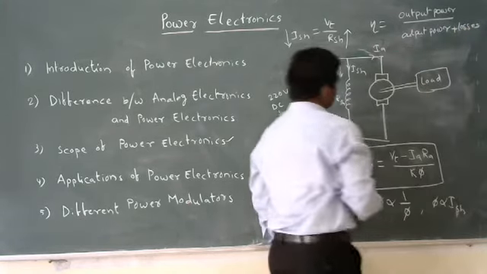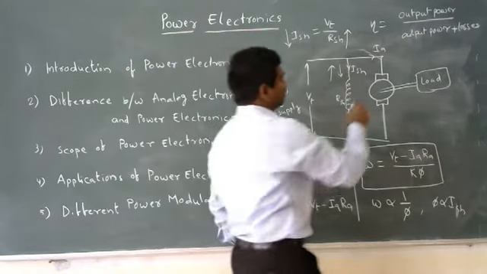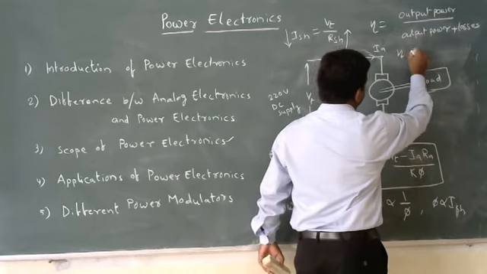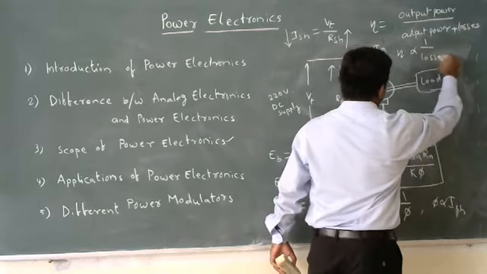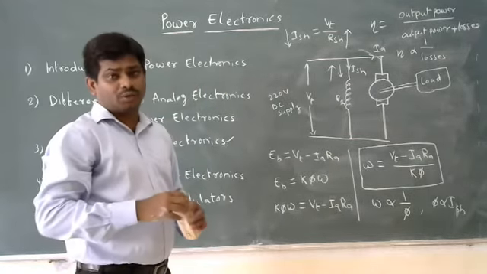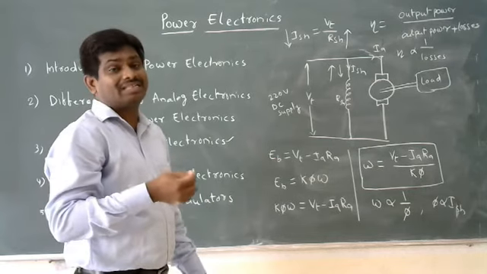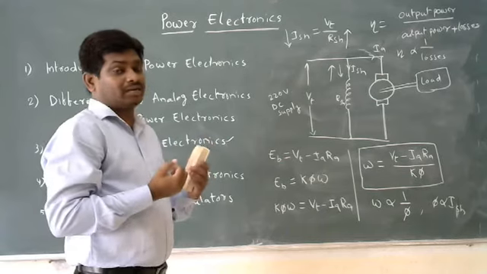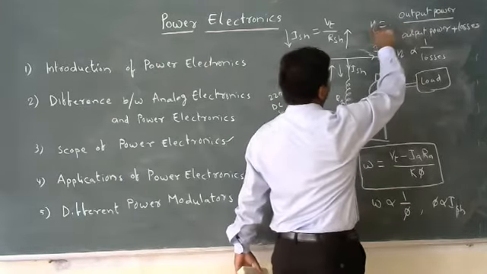Very simple. What is the relation between efficiency and losses here? Efficiency is inversely proportional to losses. Indirectly, the input power is used to produce both output power and losses. If the losses in the motor increase, the output we obtain is going to reduce, where the output power is directly proportional to the efficiency.